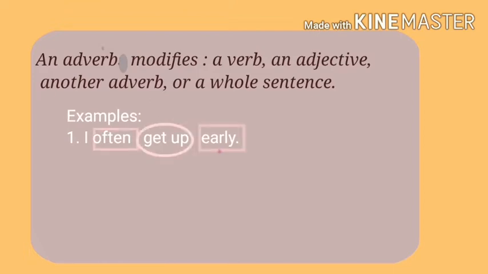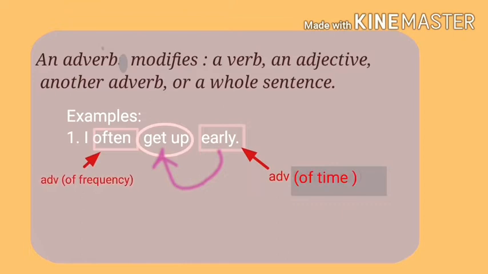I often get up early. Early is the adverb which modifies the verb get up. And often is another adverb which is an adverb of frequency and it modifies the other adverb which is early.